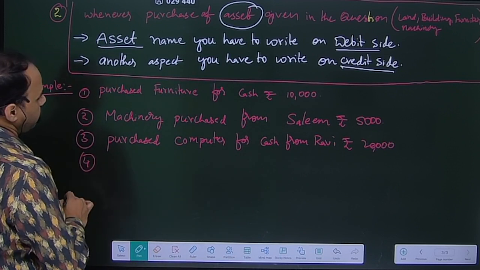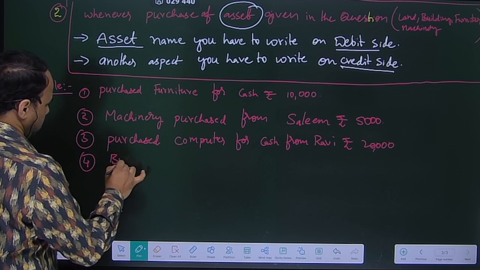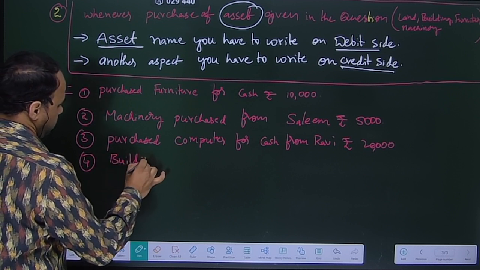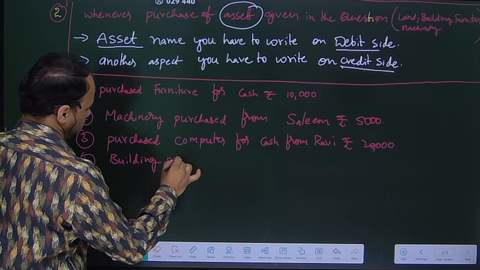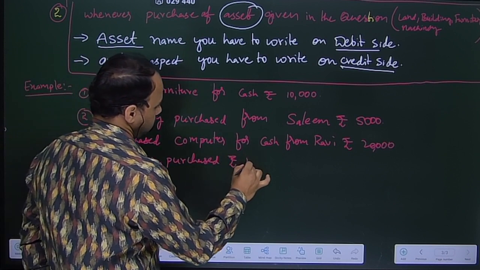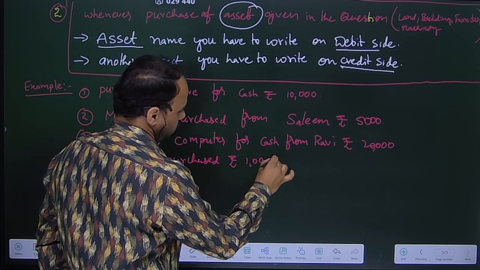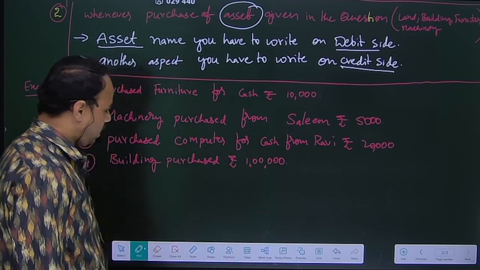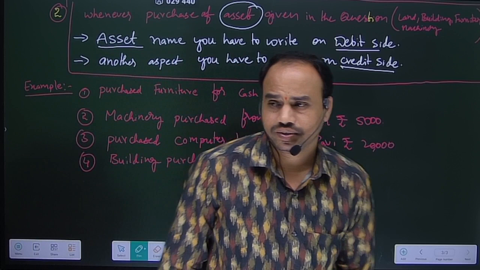Next, the fourth one, building purchased, rupees 1 lakh. These are the four transactions we will see.